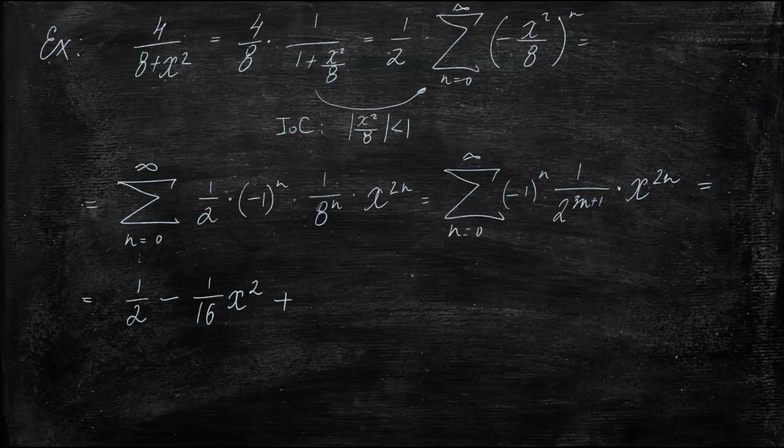When n is equal to 2, we have 2 to the 7. That's 128. x to the power 4. Let's do one more. When n is equal to 3, we have 2 to the power 10. And x is to the power 6. So this is what this power series looks like.